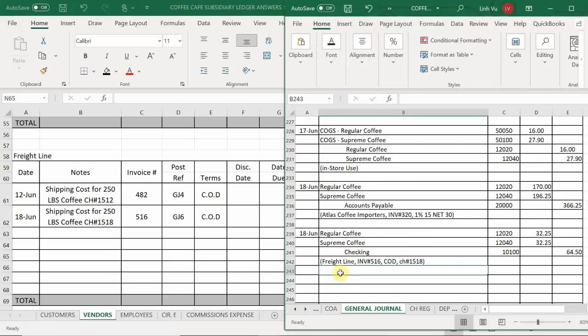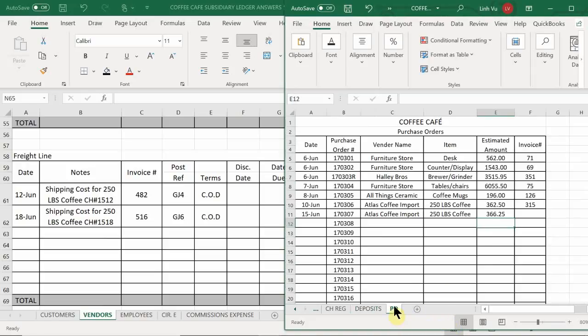How do I know I received this coffee? Oh, you want to go to your purchase orders and put in the invoice number. Yes, right? We need to say that yes, I received this order because I ordered coffee and I received it.